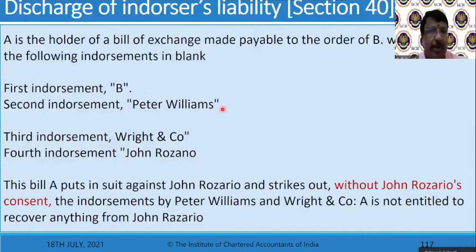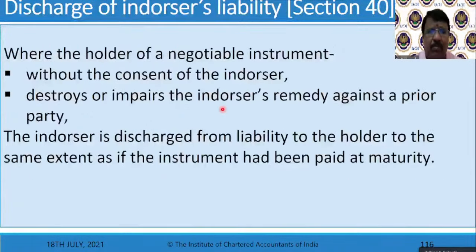Suppose the acceptor of the bill does not pay, then A could sue John Rosario, no problem. But because A has struck out Peter Williams and Right and Go, John Rosario cannot sue them, because their names have been struck out. At that point, Section 40 protects John Rosario and says the endorser is discharged.